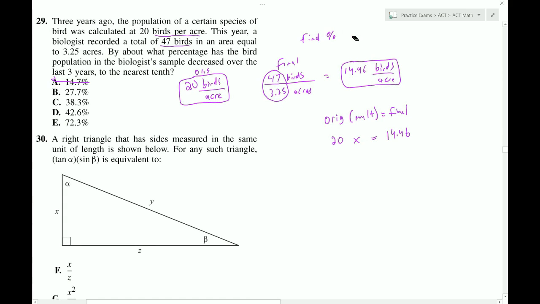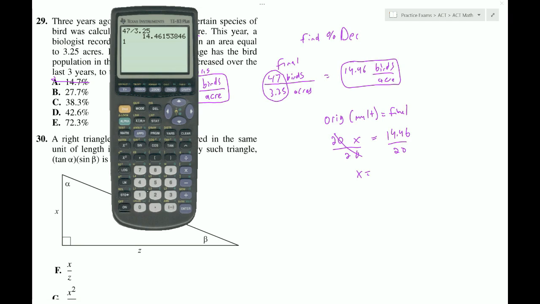Sorry, this is a percent decrease, by the way, not increase. So we divide by 20, which gives us x, our multiplier. So we do 14.46 divided by 20, and we get 0.723.